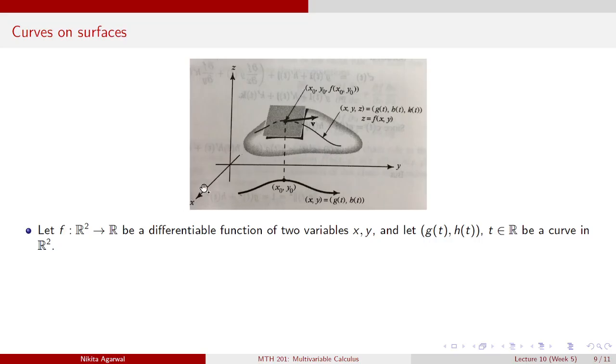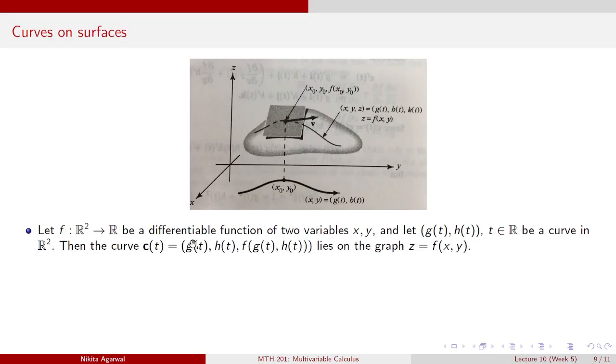So you can see that in the xy plane you have this curve (g(t), h(t)). Now you just look at the image of this curve on the surface z equal to f(x,y). So you will get a curve here. So a curve is given on R^2, you look at its image under f. That will be a curve that is lying on the surface, right?